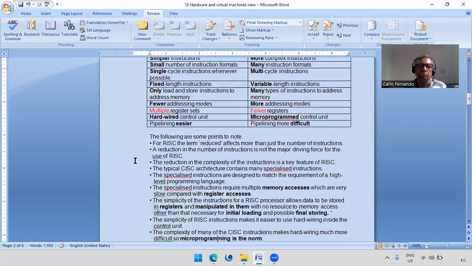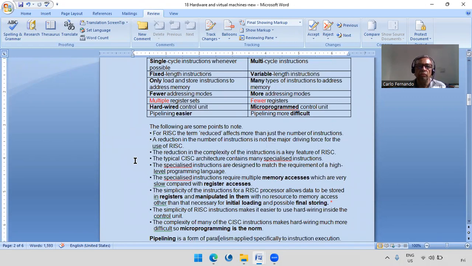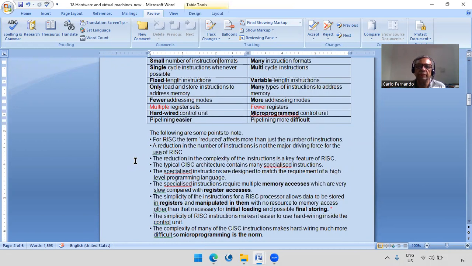Now let's see what this is. The following are some points to note. The term reduced in RISC affects more than just the number of instructions. So the term reduced is not just the reduction of the number of instructions.